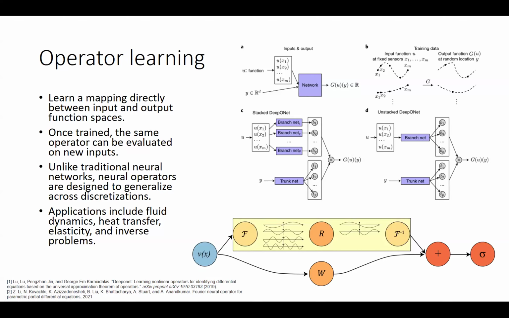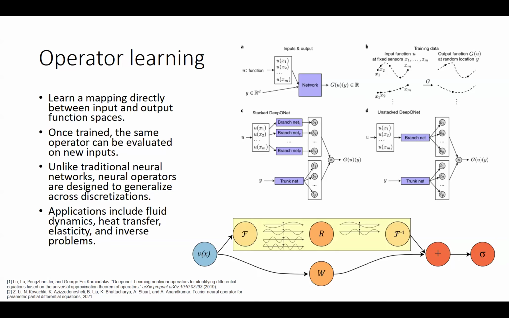The traditional approach fits discrete sensor data into a standard network, but classical architectures like DeepONet do this differently. DeepONet splits the task. It uses a branch-trunk structure.